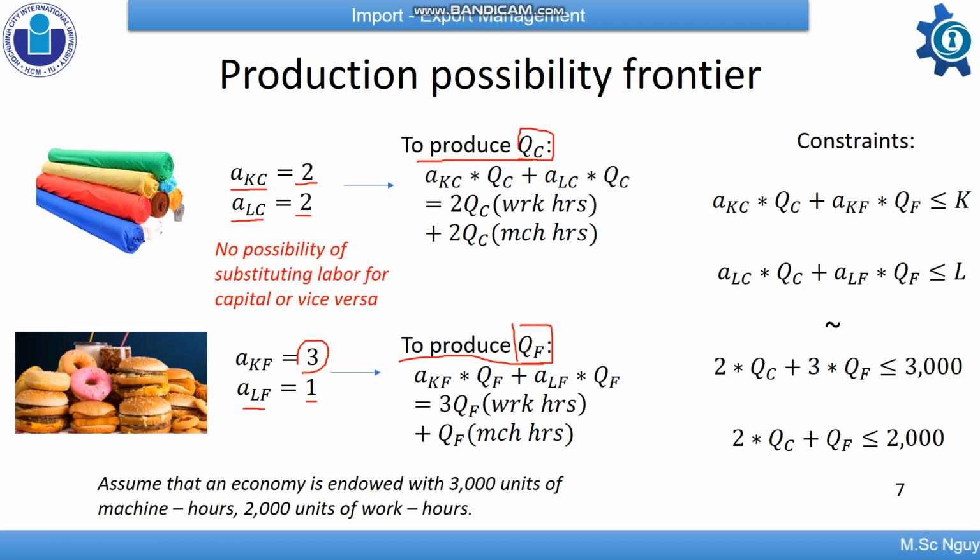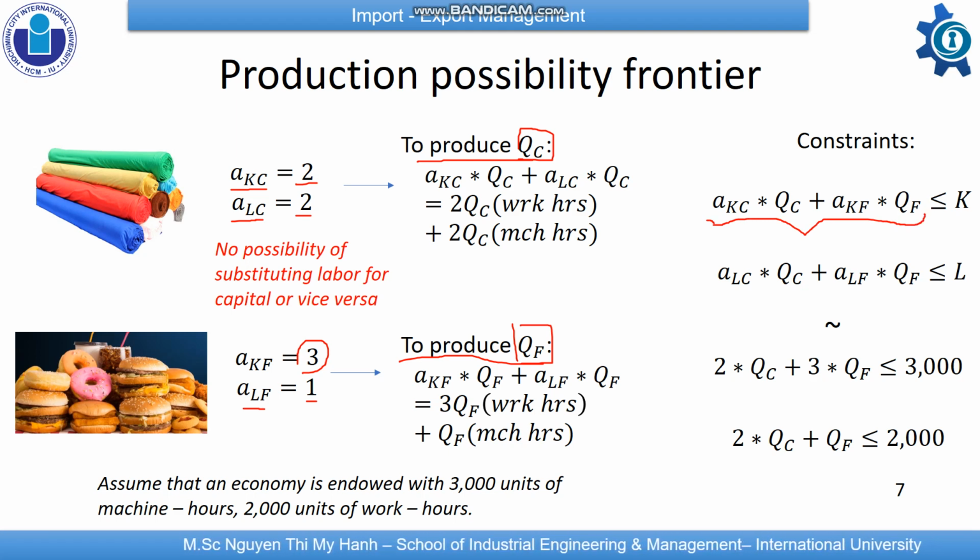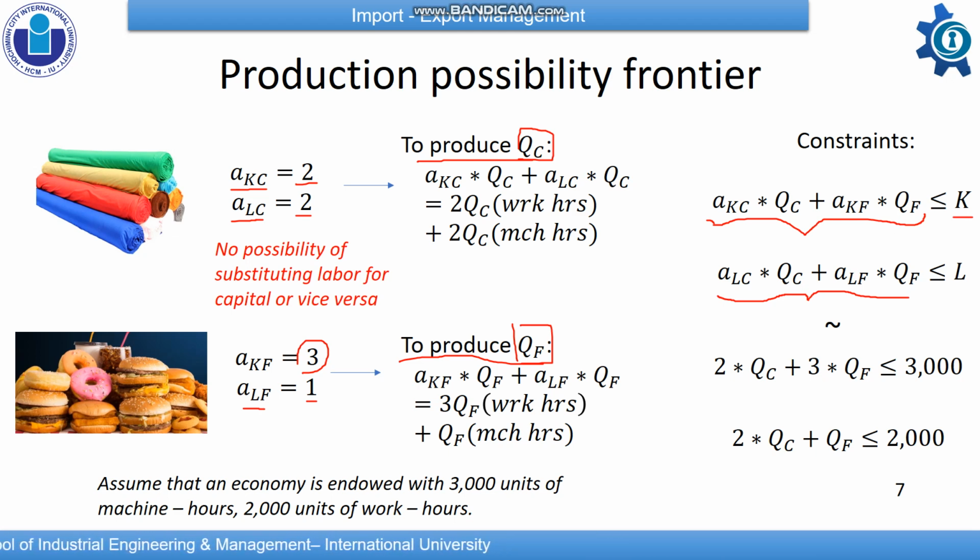So that's why we have the constraint that the total resource we need to produce QC meters of cloth is less than or equal to the capital capacity, and the total resource used to produce QC meters of cloth and QF calories of food is less than or equal to the labor capacity.